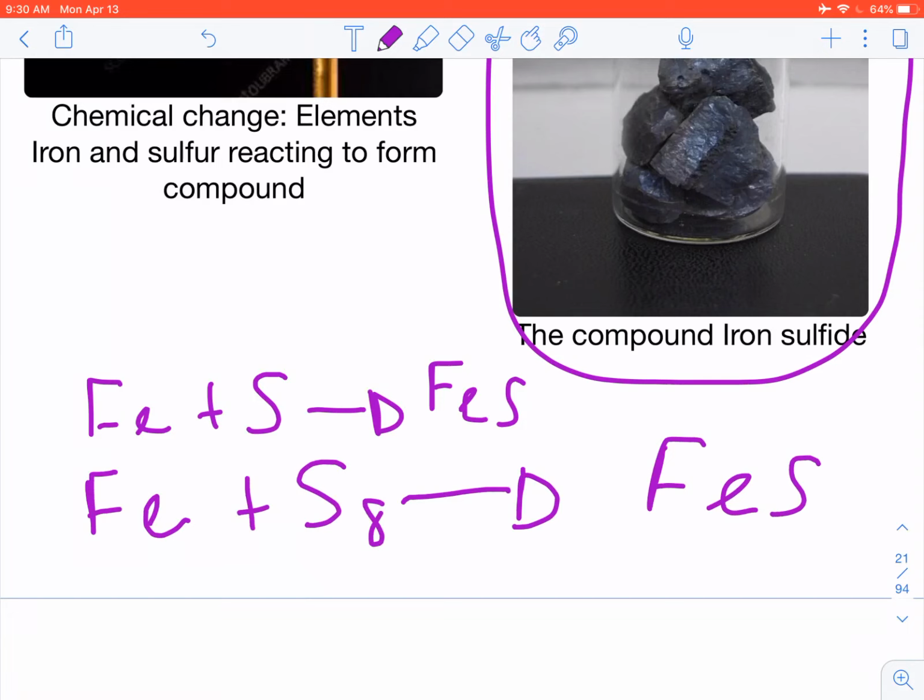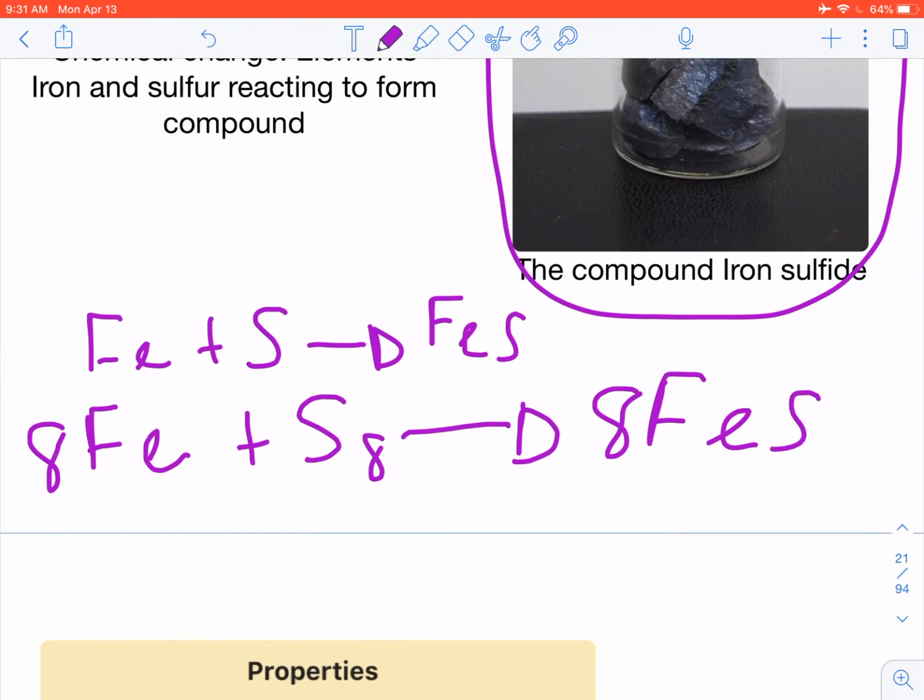The right way of writing that would be 8Fe plus S8 molecules, and then that gives us the iron sulfide.